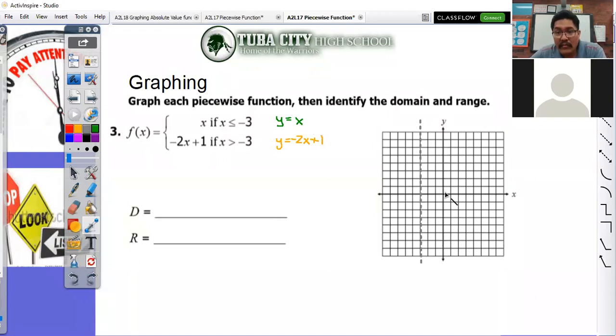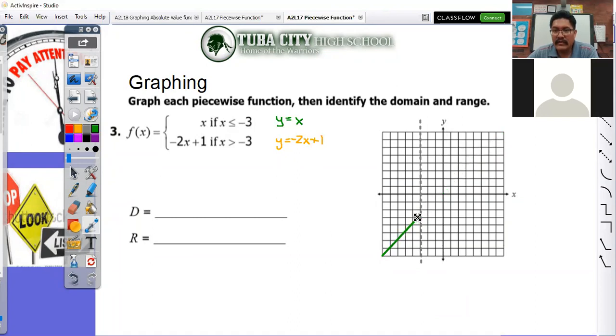All right, now normally I'd graph it like this. This is what a normal graph would look like. Now we drew this light line here, and if you're using pencil, mark it a little bit lighter so you can erase it. Because like I was saying, this green line only exists for x values less than -3.